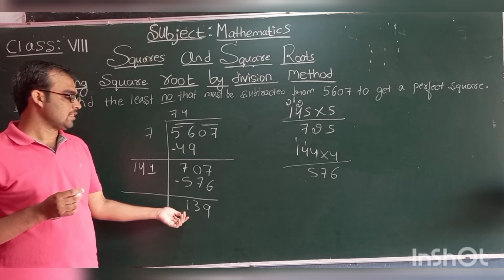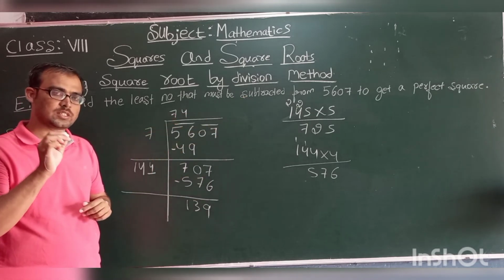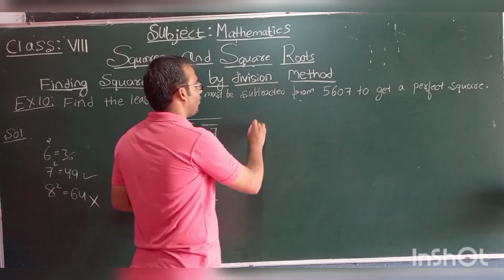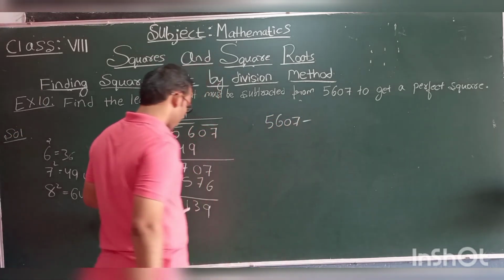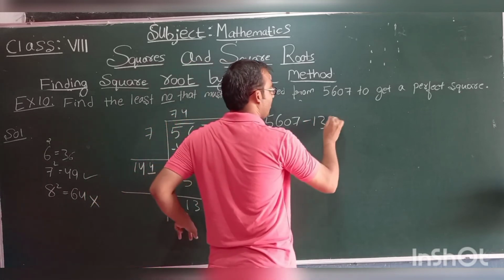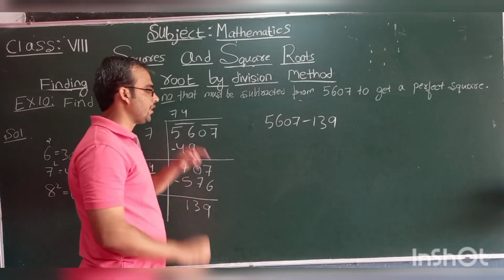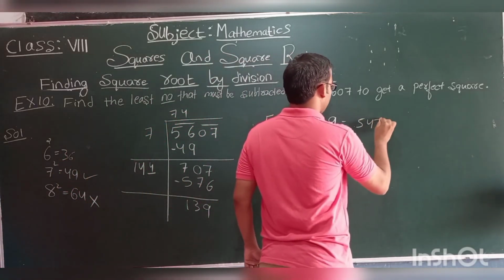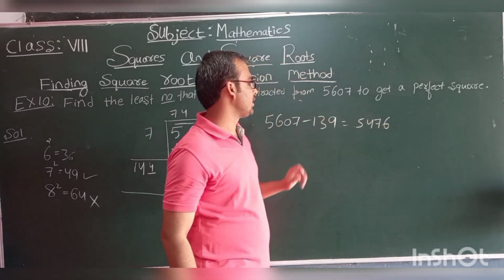When we subtract 139 from that number, that is 5607, we will get a perfect square. Therefore, when we subtract 139 from 5607, what are we getting? 5476.